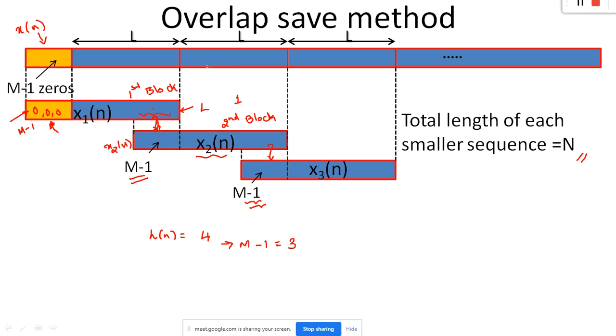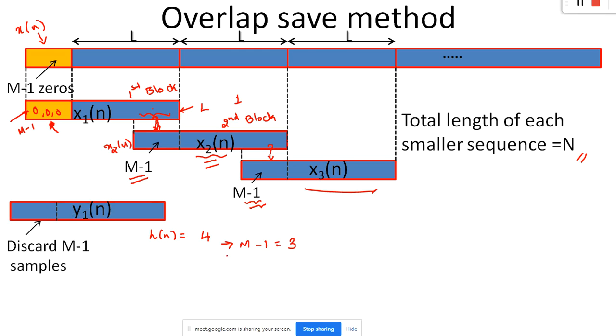Then the fresh l number of values are added to x2. Similarly, the last three values of x2 of n are appended to x3 of n. Initially the first three elements of x3 of n, and then the next l elements are added from the x of n values.